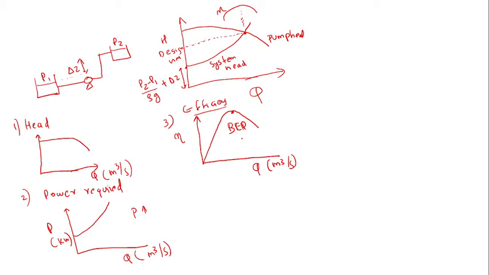Q2 by Q1 will be equal to D2 by D1. D2 and D1 are the diameters at condition 2 and condition 1. Similarly, the head will be H2 by H1. So these are the affinity laws.